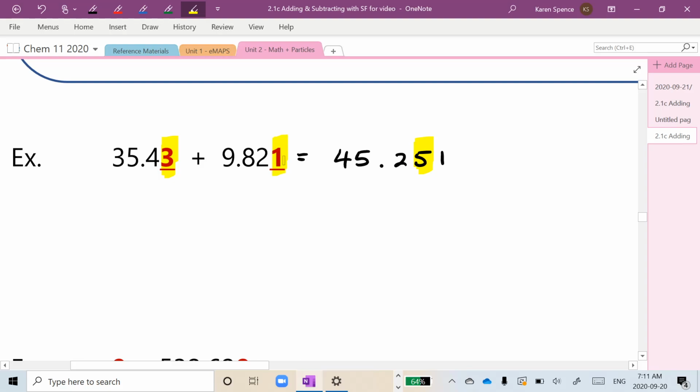In the thousandths position, the third decimal place over, I also have uncertainty. How many uncertain digits can I have in order to have the correct sig figs? I can only have one uncertain digit. So I'm going to have to round to that hundredths position. So that's going to be 45.25.